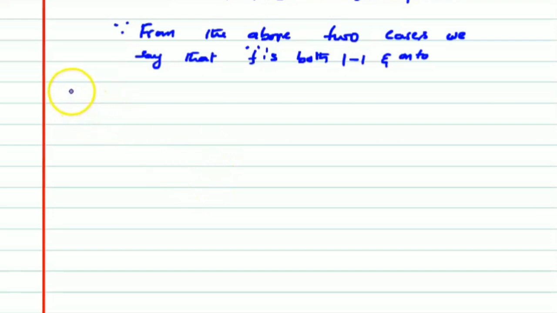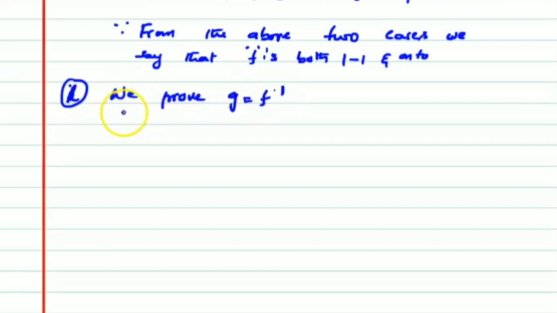Next, the second one: we prove g is equal to f inverse. As in previous theorems, two functions are equal means they must be defined on the same domain and the same codomain.